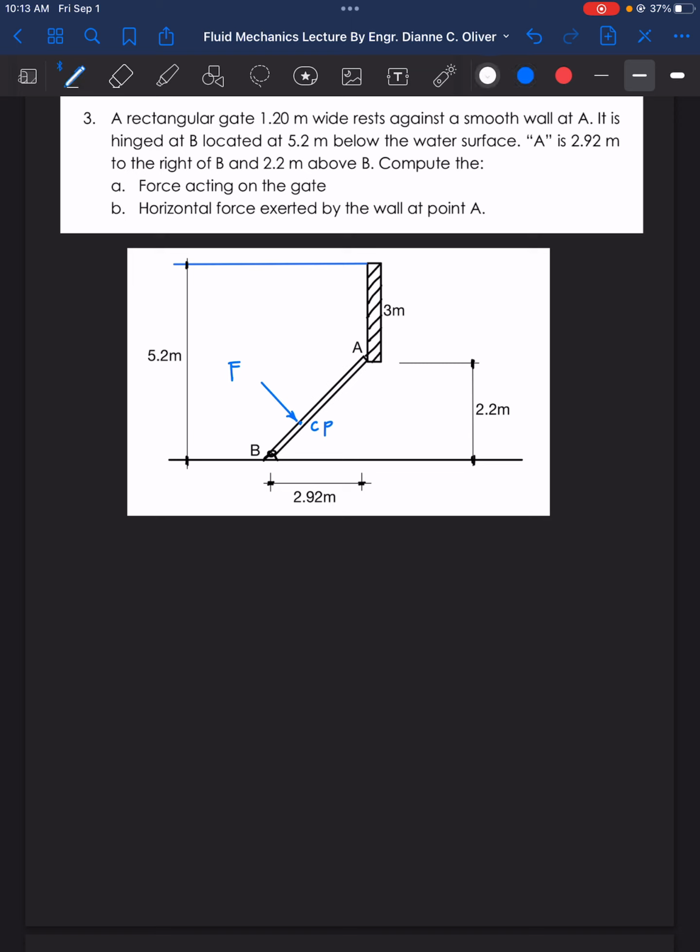We need to solve first for the force F. The formula for the force here is equal to gamma times HC times area. And we're talking about the area of the inclined gate. To get the area of the inclined gate, we need to find the length. We were given the width of the gate, but there's no mention of the length of the gate. So we will solve it.